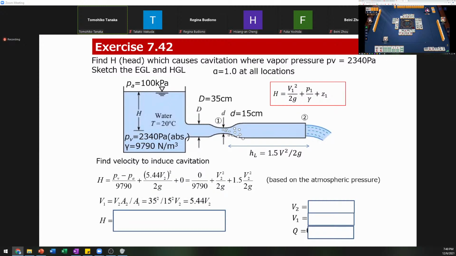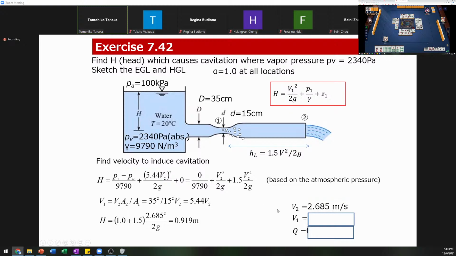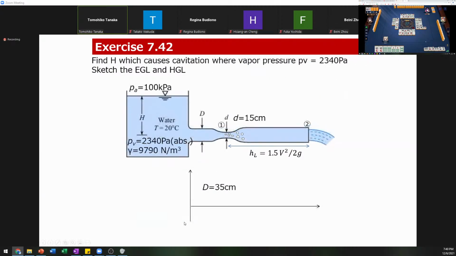And then you can calculate the relationship between V1 and V2, get these numbers, and substitute into the equation here. And then finally, you can get a head of 0.919.